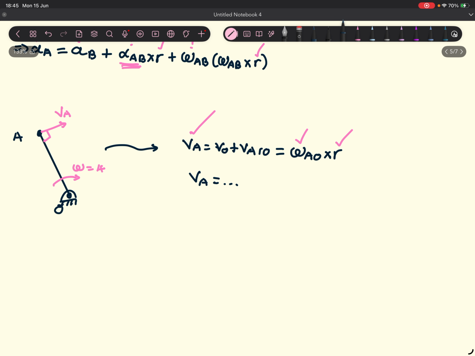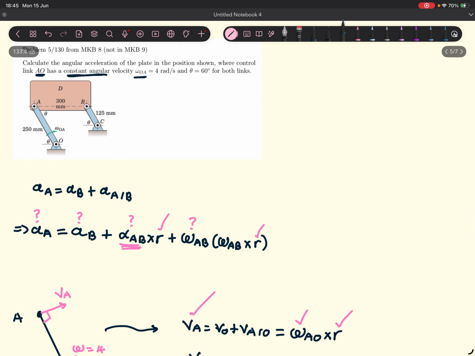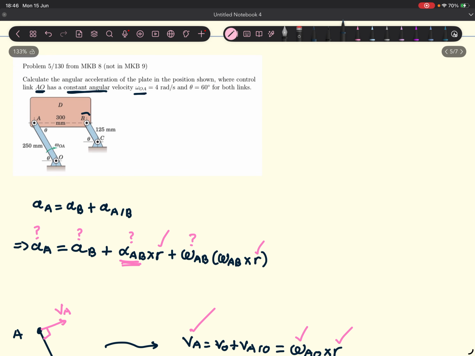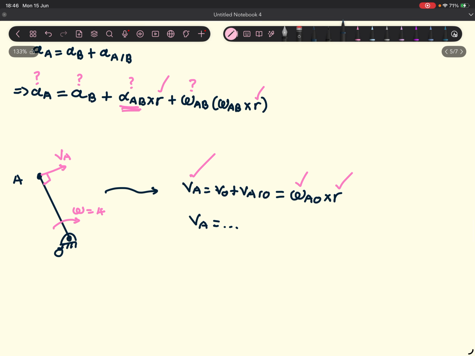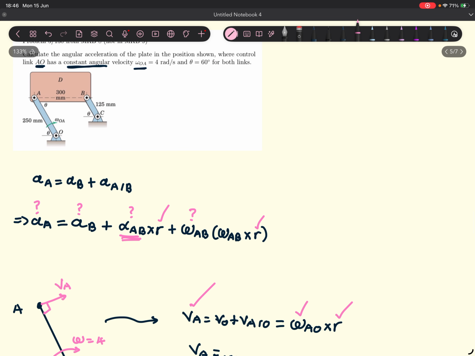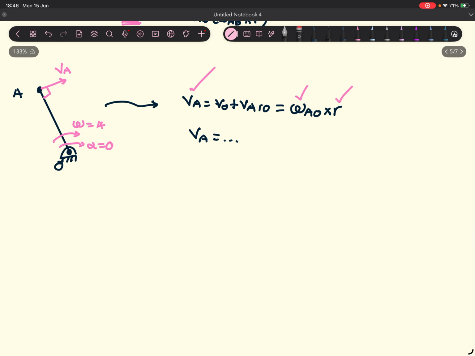Then, before we go on to trying to relate this to VB, we're going to do the acceleration problem. Since we already know that alpha, in this case, is equal to 0, right? Since we have a constant angular velocity, we're just going to go ahead and see what we can get from that before we move on to the next point.